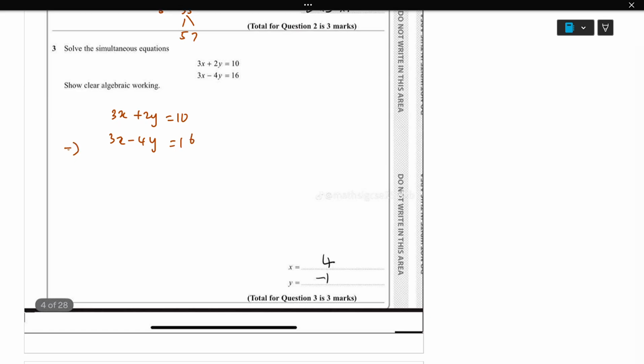First I'll write 3x plus 2y equal to 10, and 3x minus 4y equal to 16. I'm going to subtract because the first term is the same, 3x and 3x. So when I subtract, this will be cancelled.